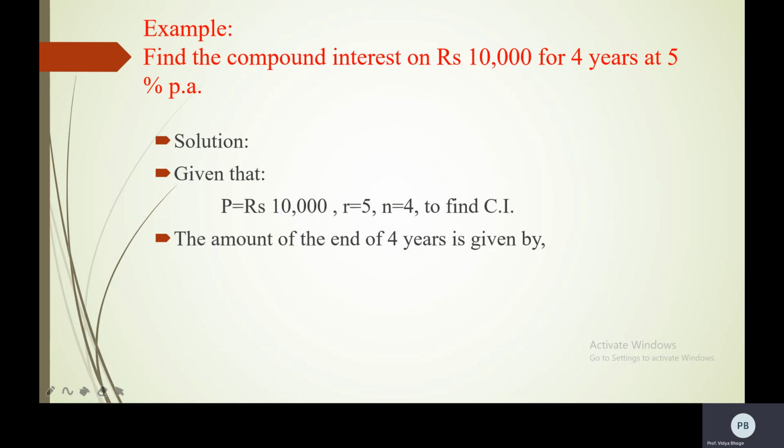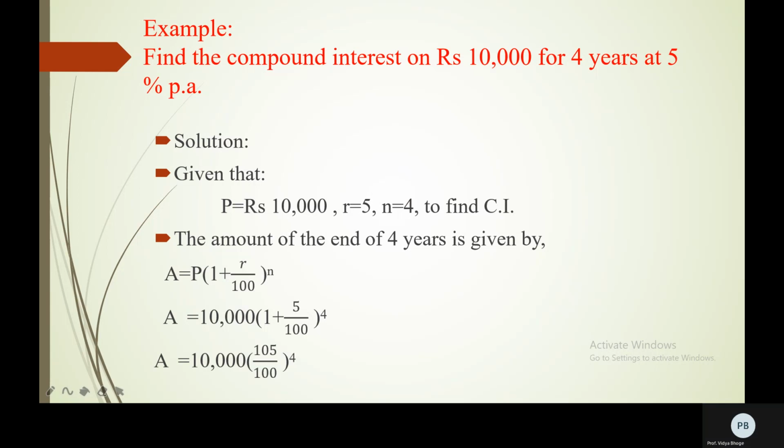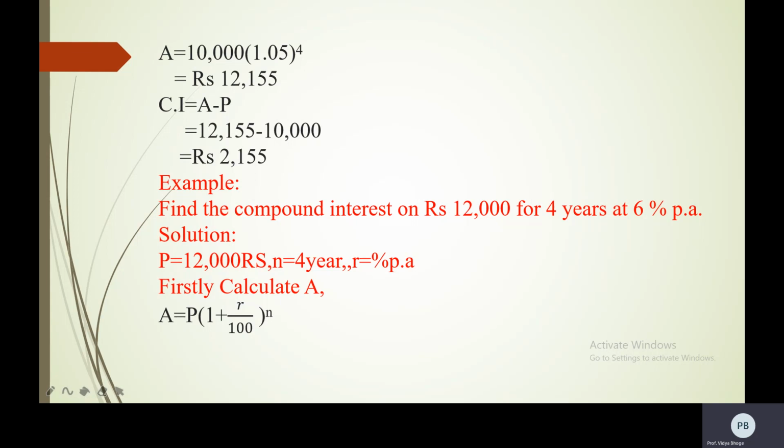Here P is 10,000, R is 5, and n is 4, to find CI, meaning compound interest. Putting these values in the formula, we get 12,155. From that amount, compound interest is equal to A minus P, which is 12,155 minus 10,000. We get 2,155 as the compound interest.